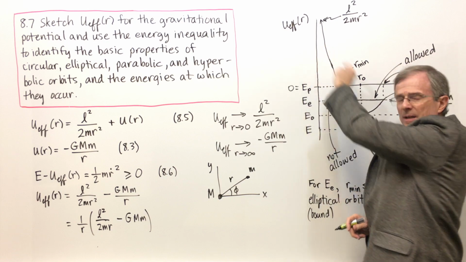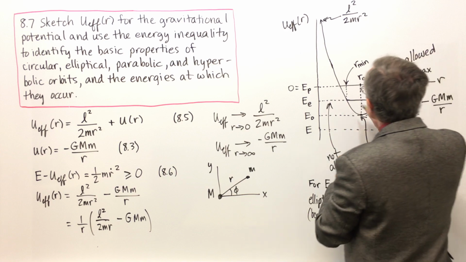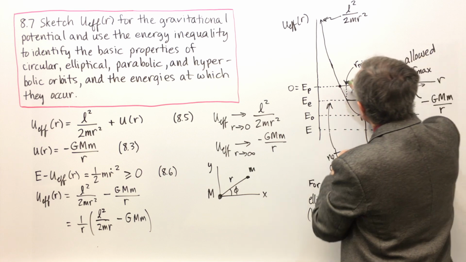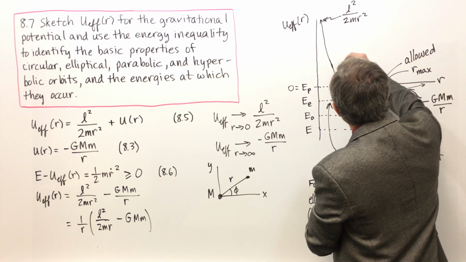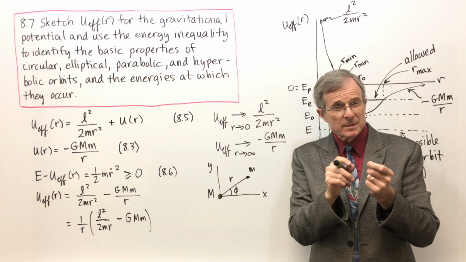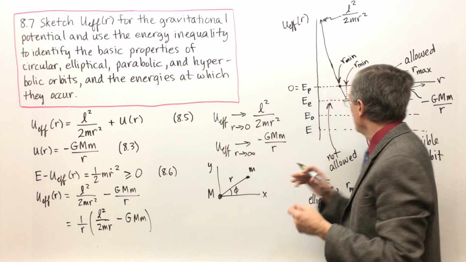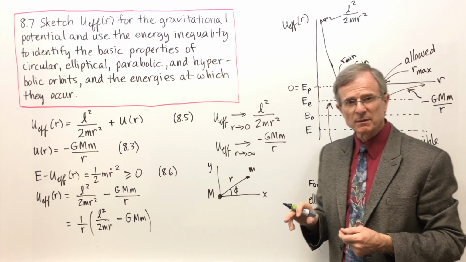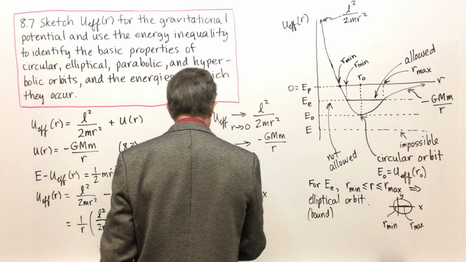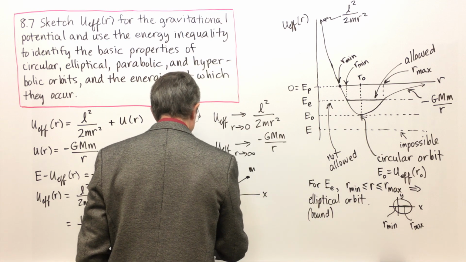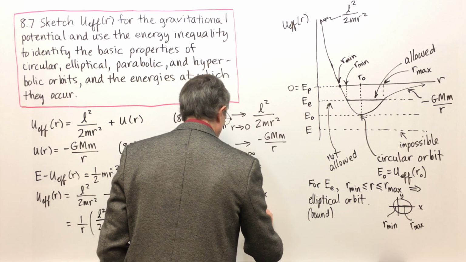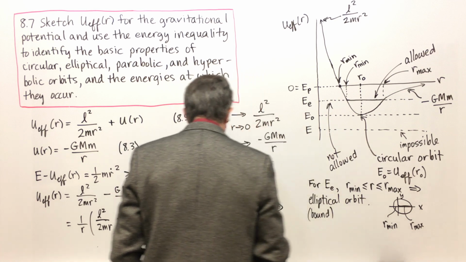Its energy is less than the effective potential. But here, all these orbits, all the way out to infinity, are allowed. This minimum, for this particular case, comes all the way down to here. So what we're talking about is an orbit whose maximum R value goes off to infinity, but its minimum is still finite. And so we get a parabolic orbit.